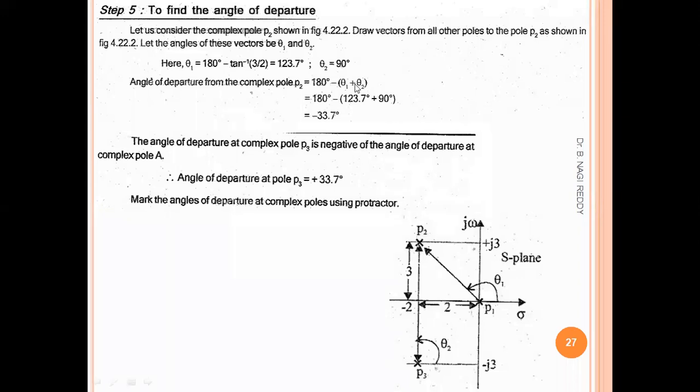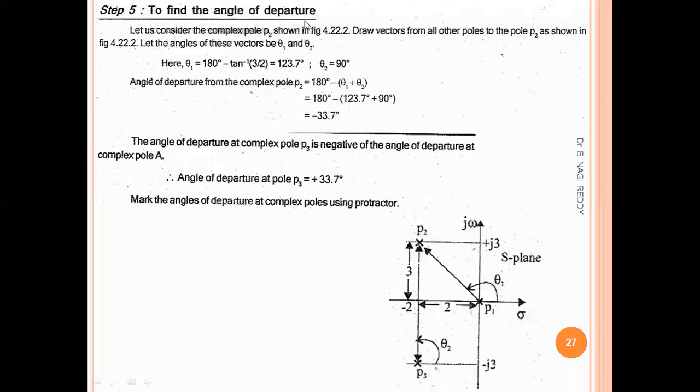But in this problem, we have two complex poles. There are no zeros. If zeros come, then we will calculate the angle of arrival, but there are no zeros. So that's why this step 5 is named angle of departure.